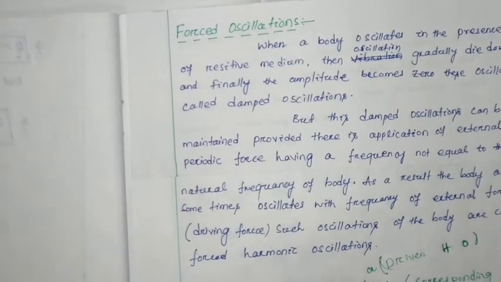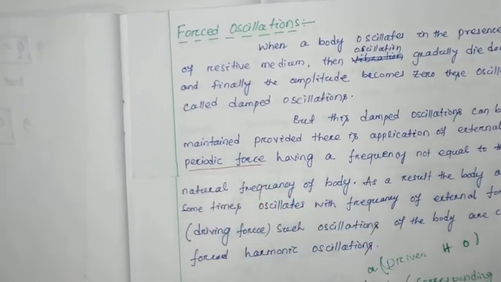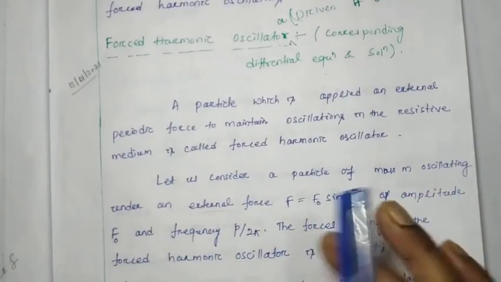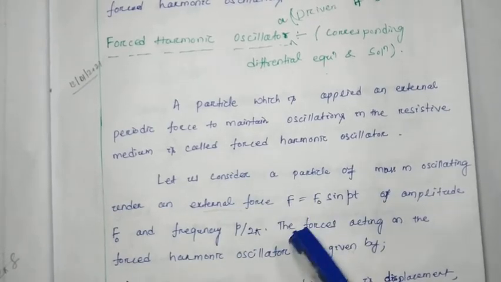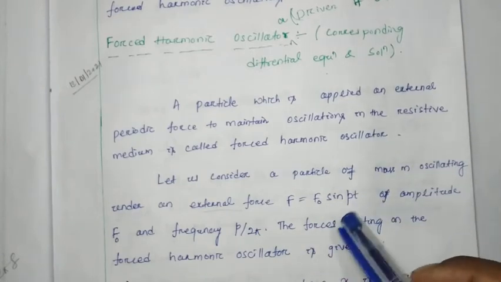So here we discuss that the applied force is periodic. Any force or any equation, if it is represented by sine or cosine, is a periodic one. So here the external force F, if periodic, can easily be represented with the help of sine and cosine functions.